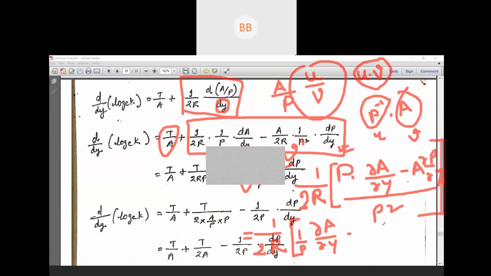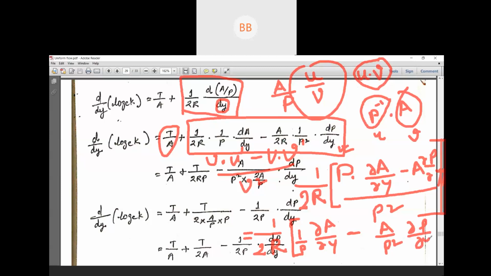Then minus A by P square. Then right here A by P square dP by dy. Done.